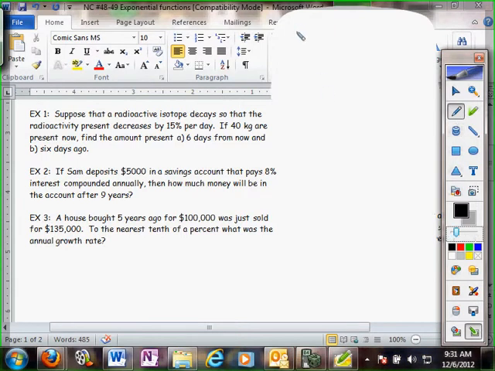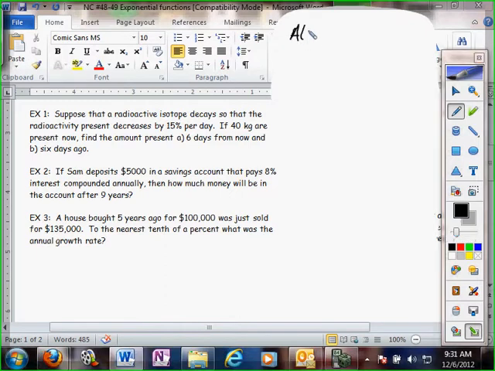Again, write my formula down first. A of t is equal to A naught times 1 plus r in this case, because we're increasing. We're going to deposit money and it's going to pay 8% interest. That means it's going to be increasing, plus r to the power of t.